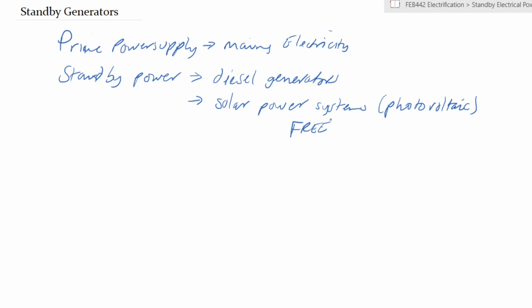The only disadvantage that they have, and the reason why they are not as widespread in terms of standby power usage as diesel generators, is that they require battery packs in order to be commercially viable. As you know, electricity must be generated as soon as it is required. So in order for you to take power off from a system, you need to be able to have a source of that power available at all times.